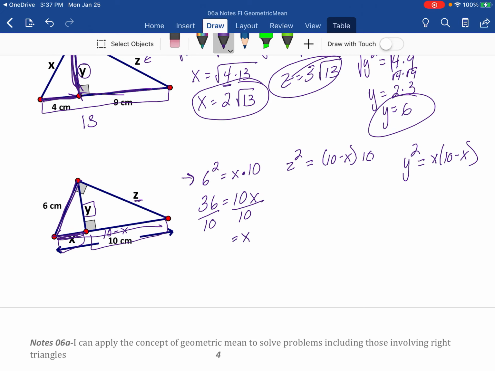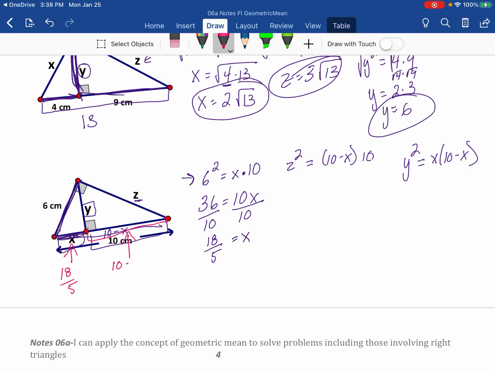X is going to be equal to 36 tenths or 18 fifths. And you could use decimal for this because it's accurate. I'm just going to use the fraction. So if x is equal to 18 fifths, then I know that this part right here is 18 fifths.